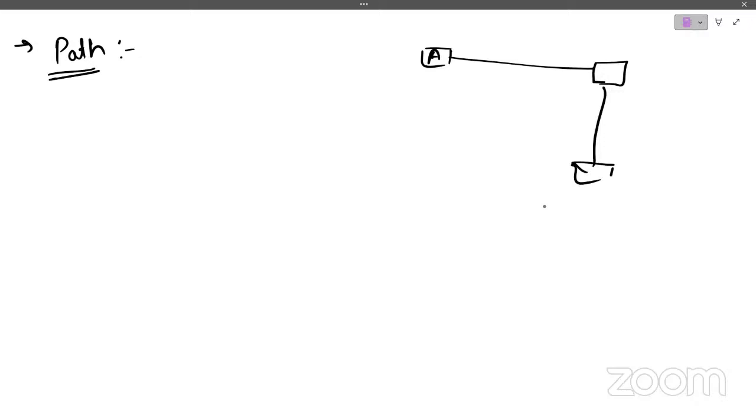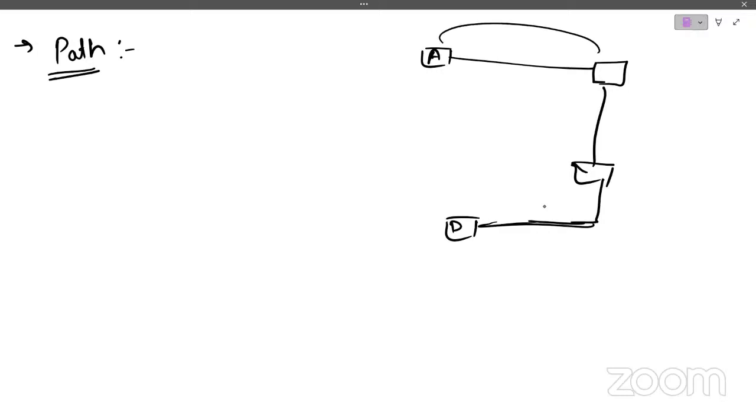Now, what do you mean by a path in a graph? In general, what do we mean by a path? A path means that if I want to go from A to some place D, then what are the ways that I can travel, right?